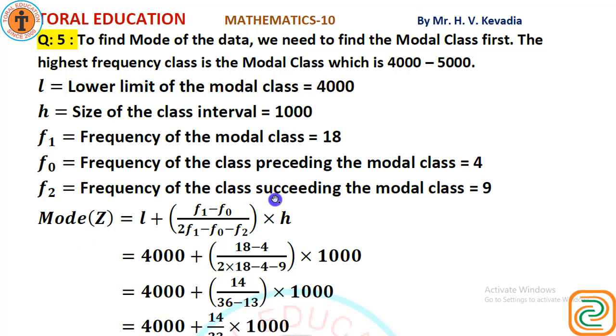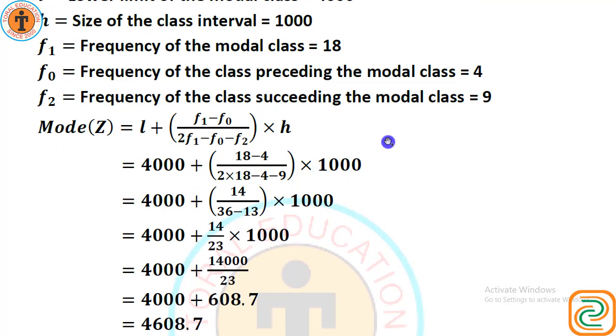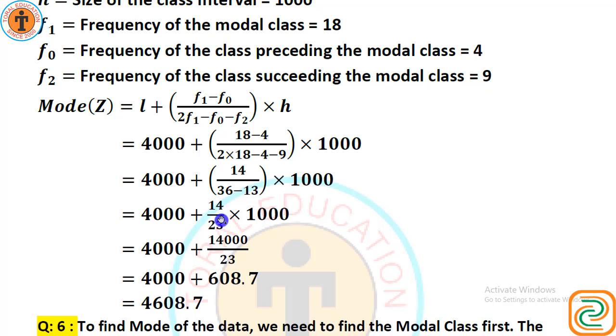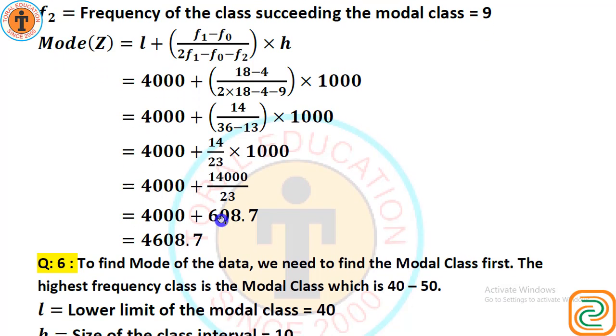The lower limit is 4000, class height is 1000, frequency of modal class 18, preceding class 4 and succeeding 9. By putting all this data into the formula, remember the formula friends, otherwise you will not get the sums. Now we have got 4608.7 as the mode.